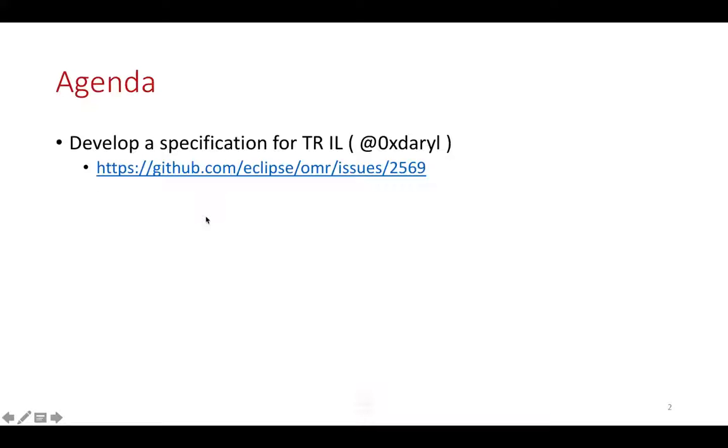The end goal is to document this so that people can understand it, and to do some validation of it as well, so that we know when trees and other things are not compliant with what the specification says.